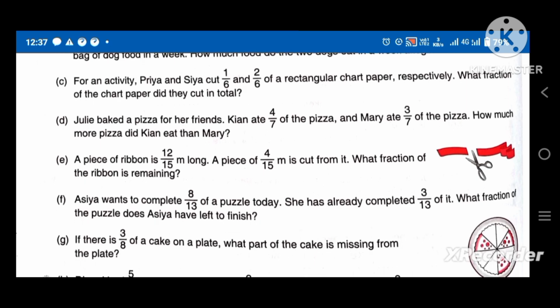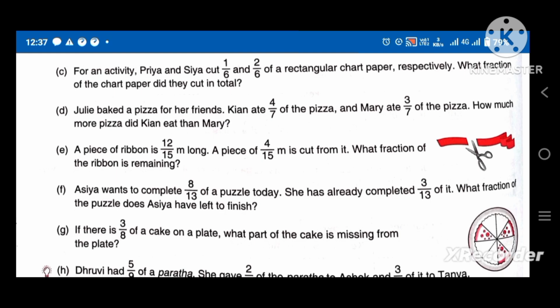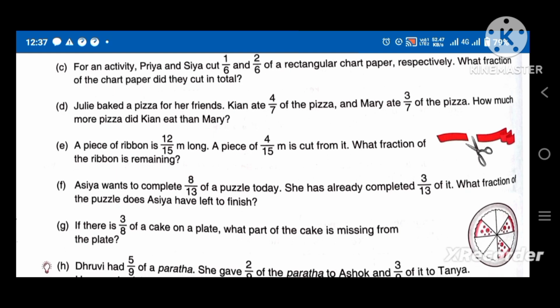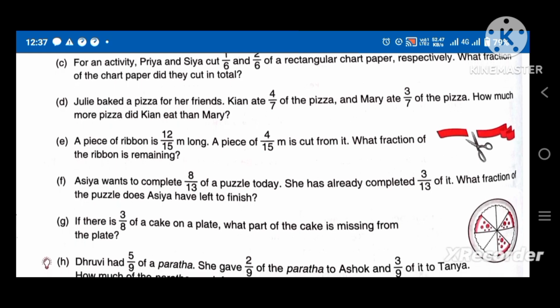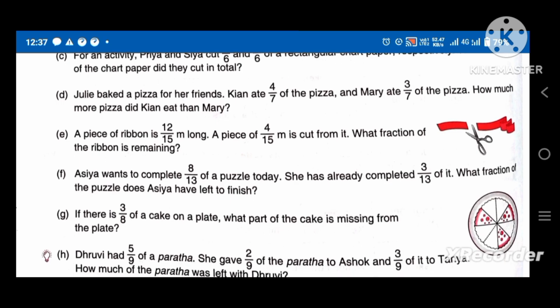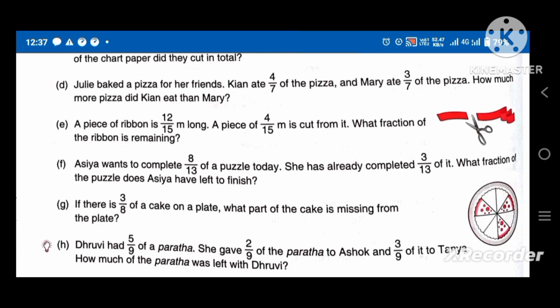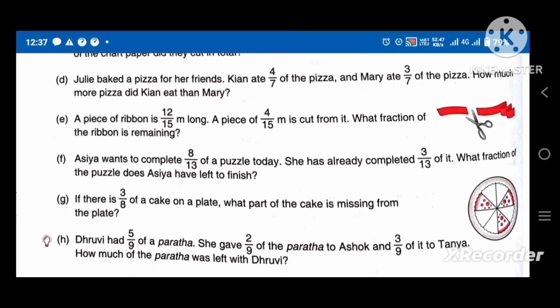How much more pizza did Kiran eat than Mary? E. A piece of ribbon is 12/15 meter long. A piece of 4/15 meter is cut from it. What fraction of the ribbon is remaining?